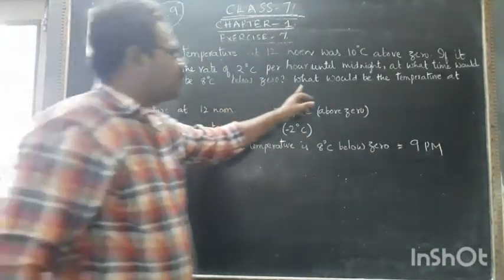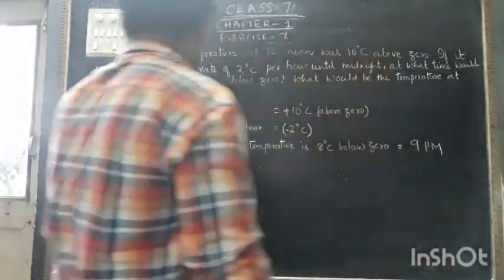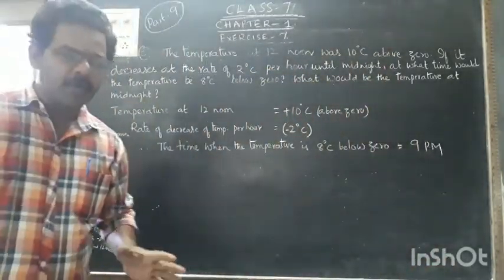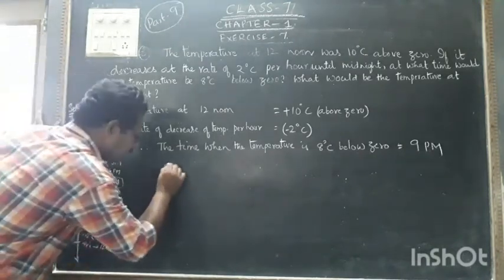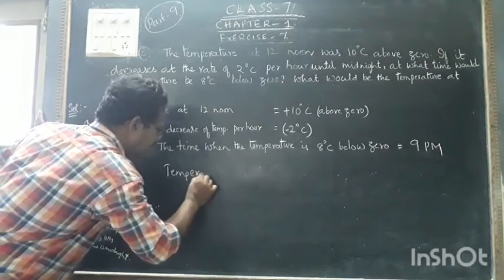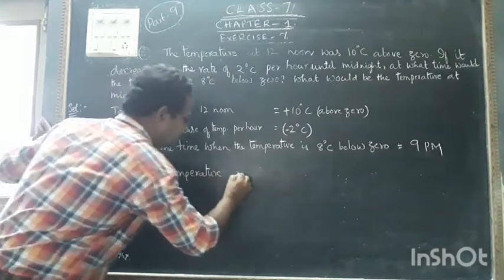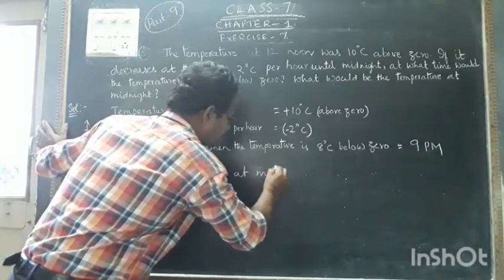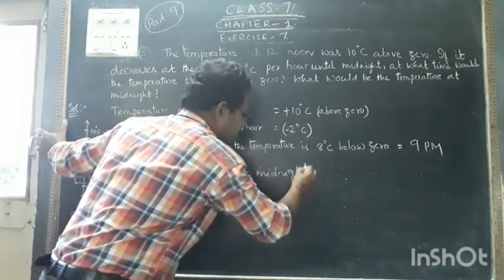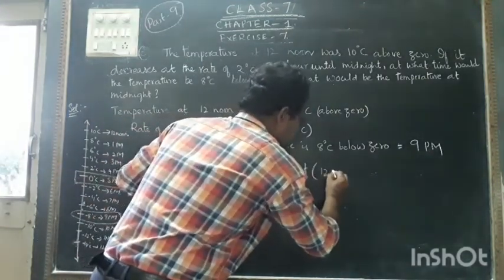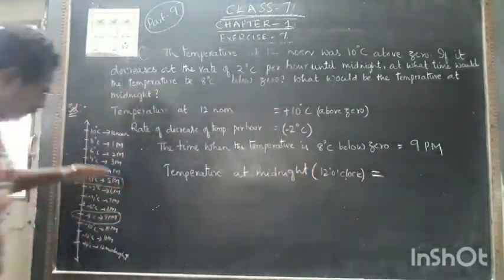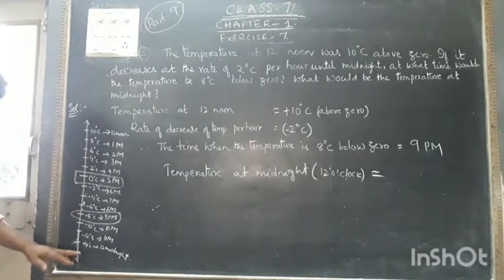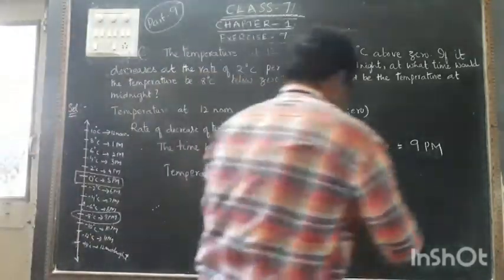Next, what would be the temperature at midnight? Midnight means exactly night 12 o'clock. Afternoon means exactly 12 noon. So the temperature at midnight, 12 o'clock, is equal to, it is gradually decreasing, so 12 midnight is equal to minus 14 degrees centigrade.